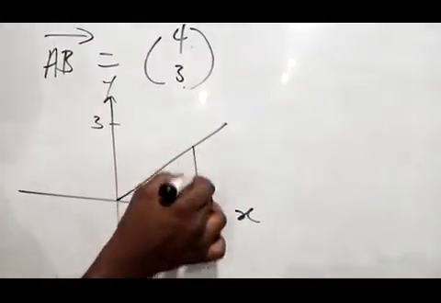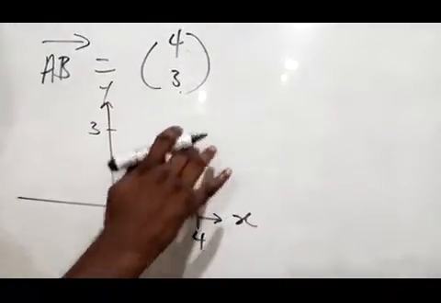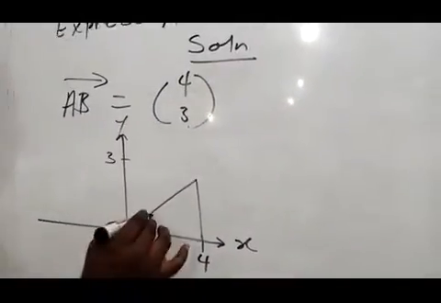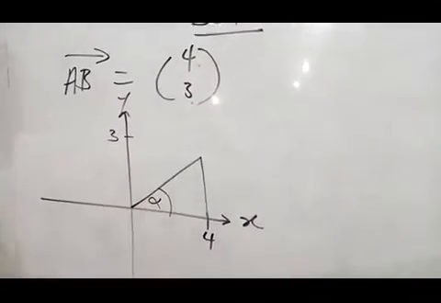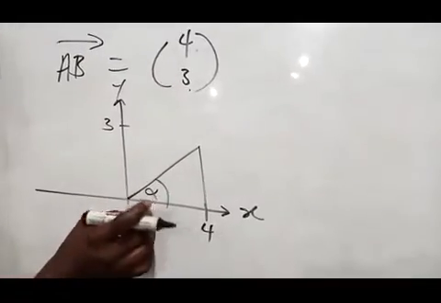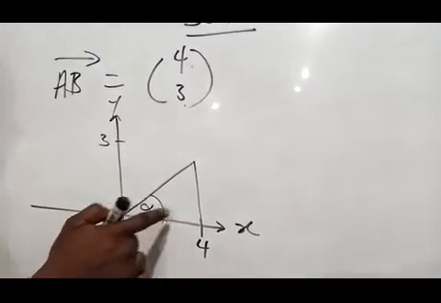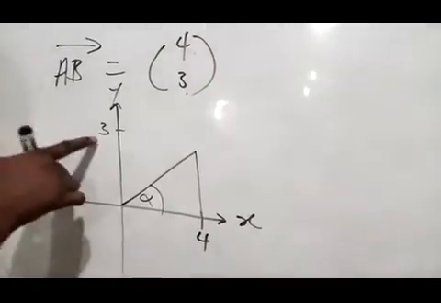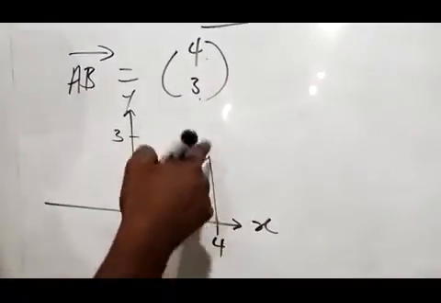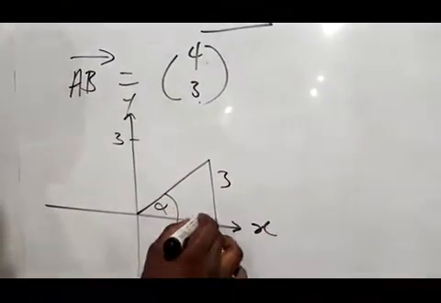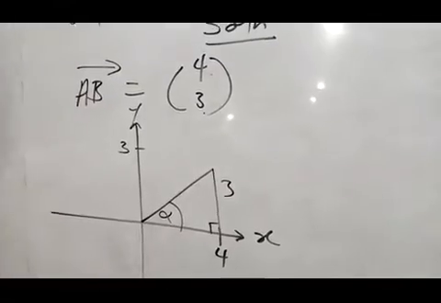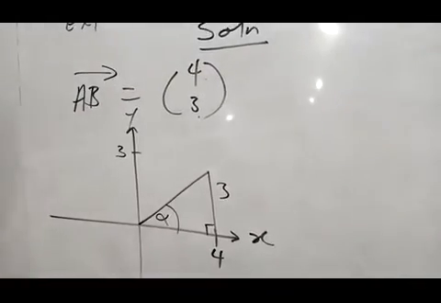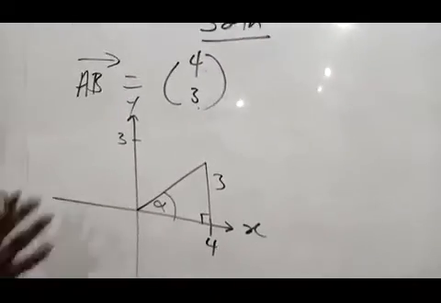Now we make a triangle with the x-axis, and then we look for the angle that is created with the x-axis by the vector line. The 3 here simply means that this line here is also 3, and this is my 90 degrees. Then we are going to apply the trig ratios.